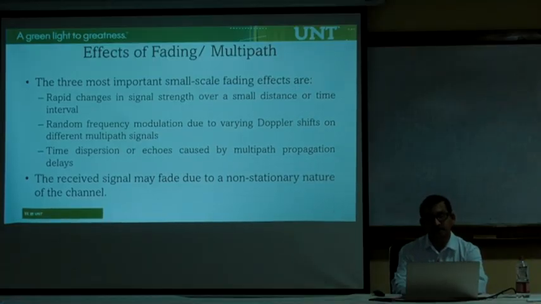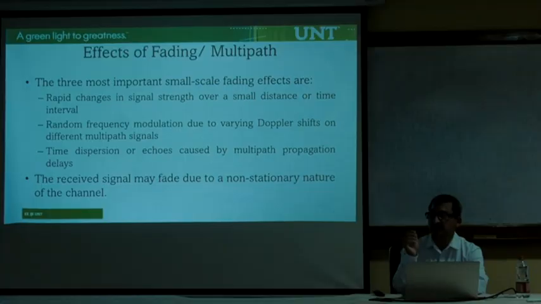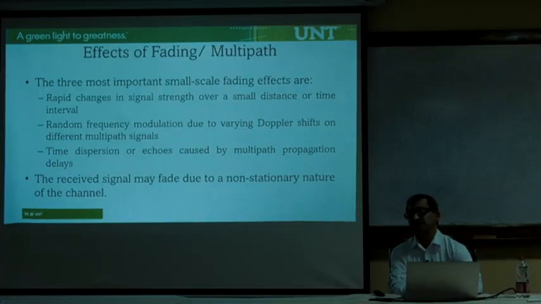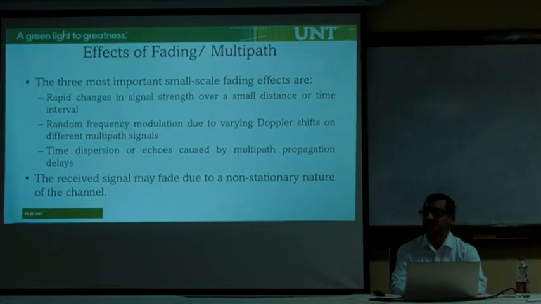In simplest terms, it could be something called a linear system or linear time invariant system, and in general actually it's time variant. But if you oversimplify, at least for some short duration, you can model the channel as a time invariant system, and then you can come up with something called a channel impulse response.